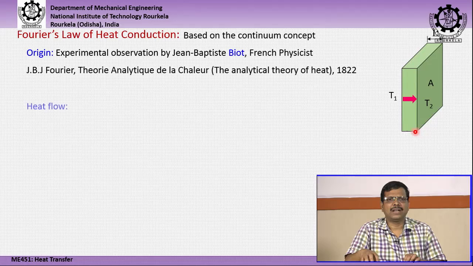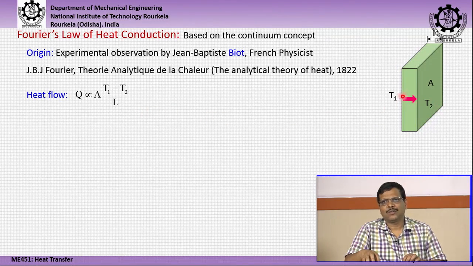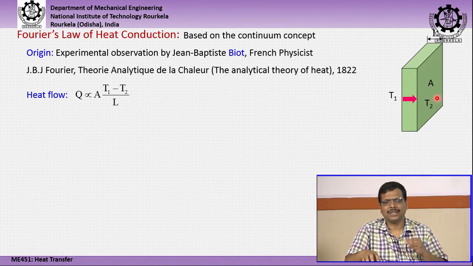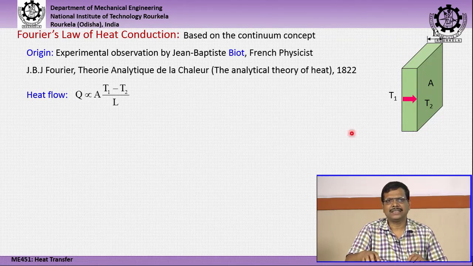It is found that the heat flow in this situation from the left face to the right face is directly proportional to the area normal to the direction of flow of energy. This heat flow is also directly proportional to the difference in temperature between these two surfaces, that is, Q is directly proportional to T1 minus T2.